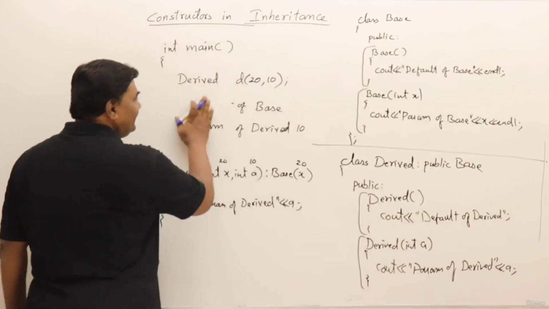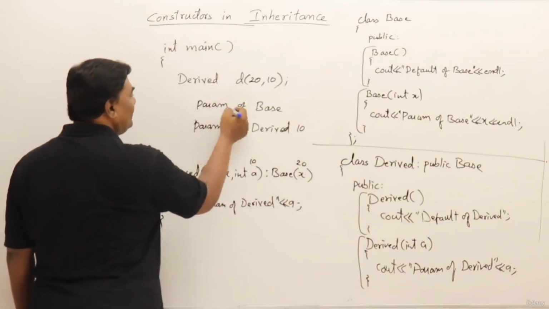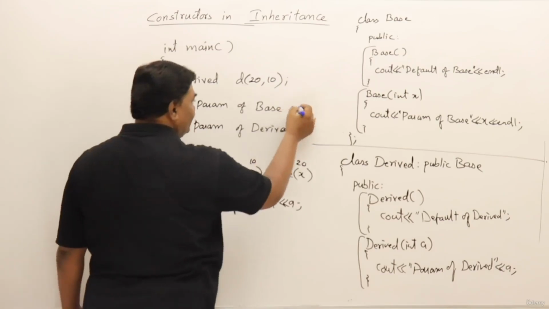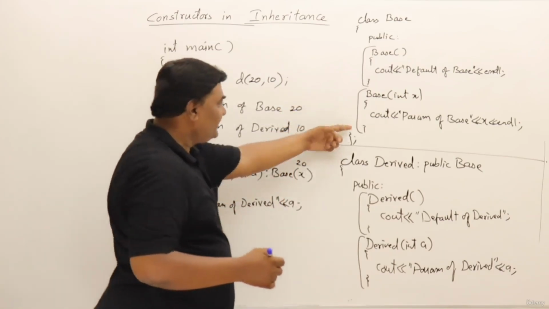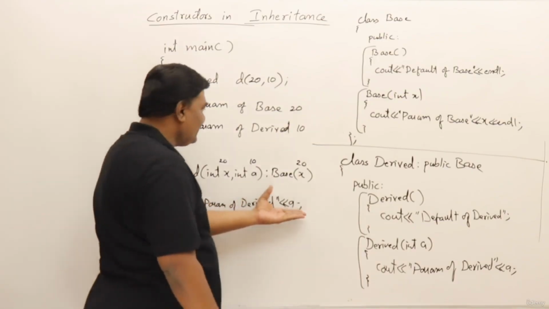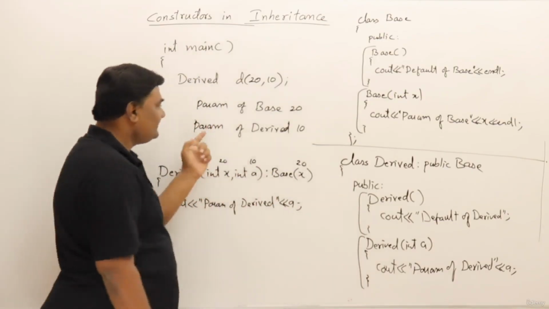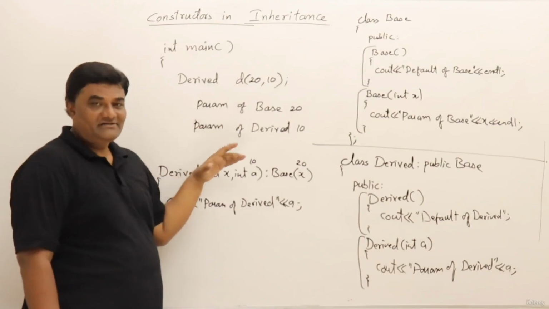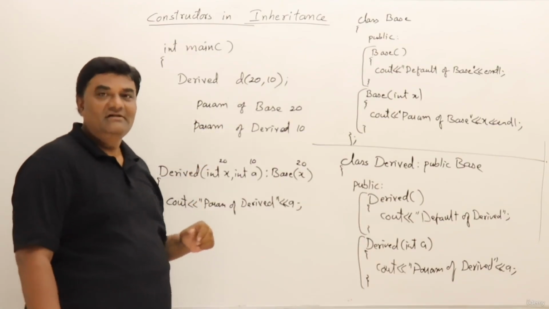So what will it display? It will show param of base and whatever value you are passing, 20. Then after it is executed, it will come back to the constructor of the derived class and it will show param of derived, that is a. A was 10. So the same thing. The parameterized constructor of the base class and the parameterized constructor of the derived class.